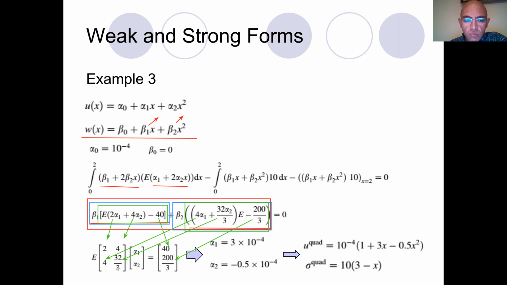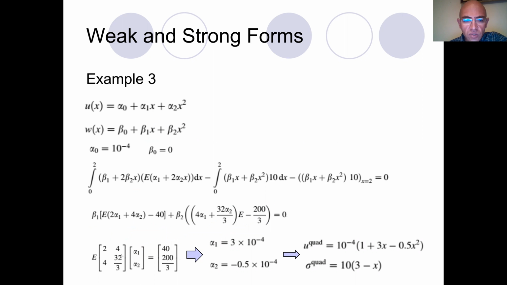Now I have a pair of equations with two unknowns, and I need to solve these equations. If I solve this set of equations, what I'm going to get is alpha 1 equal to 3 times 10 to the power minus 4, and alpha 2 equal to minus 0.5 times 10 to the power minus 4.